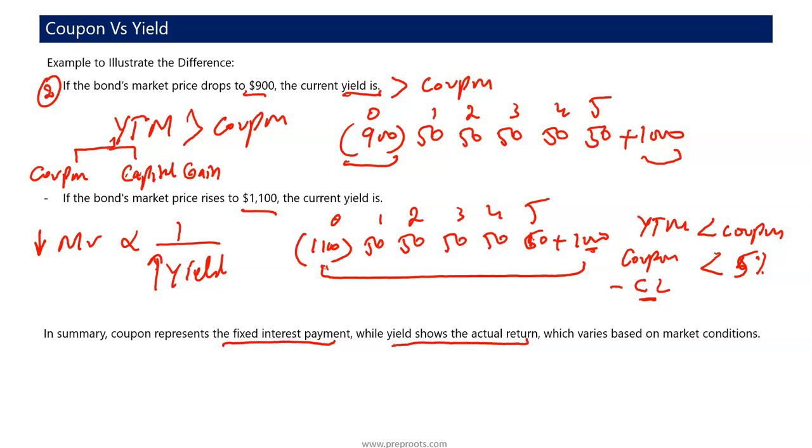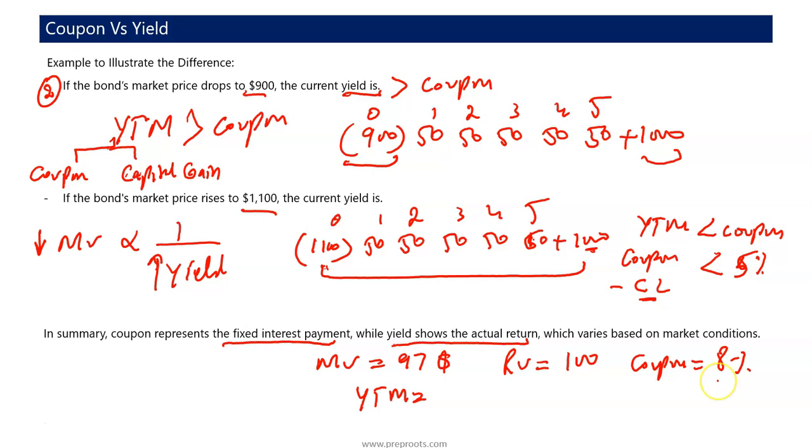Let me tell you an actual example. You know, the Pakistani government bond is available in the international market. That is called Eurobond. So that is available at $97, and that is redeemable at 100. Coupon is 8%. So what do you think? What would be the yield? Is it equal to 8%?